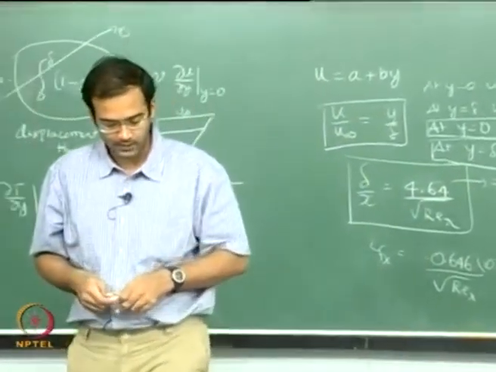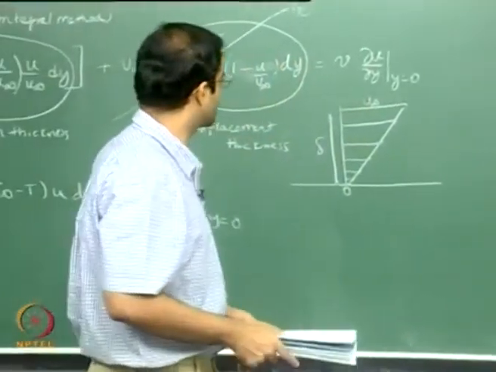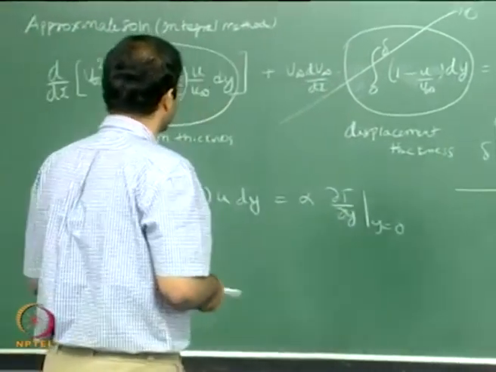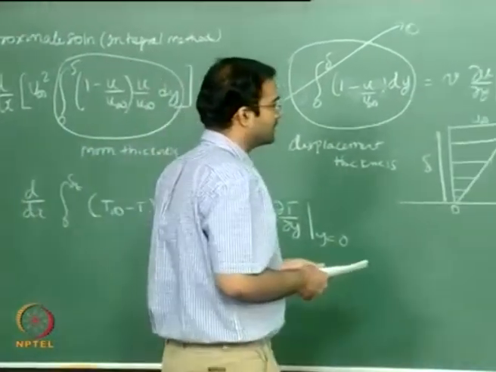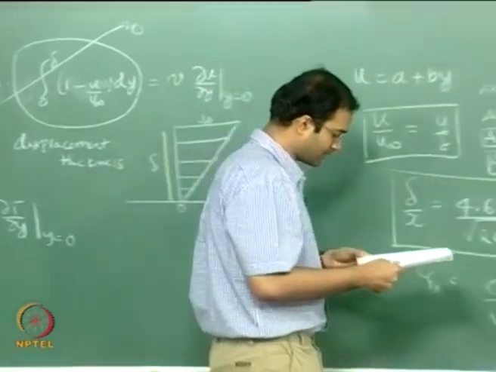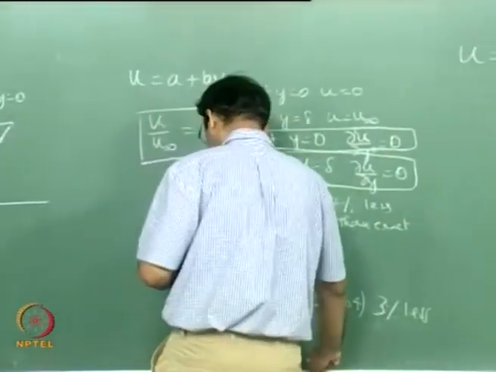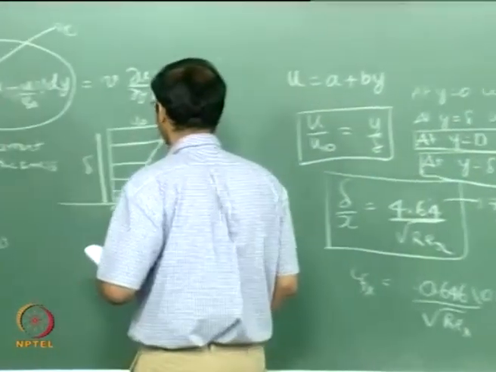So today we will look at such approximations for temperature for a flat plate case. So now we will look at the thermal boundary layer on an isothermal flat plate.